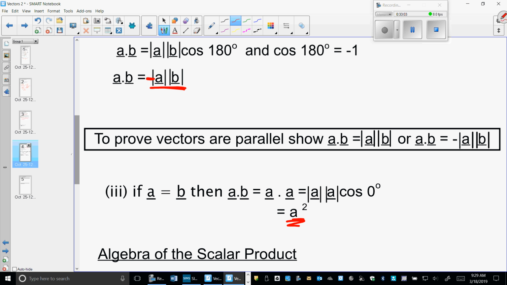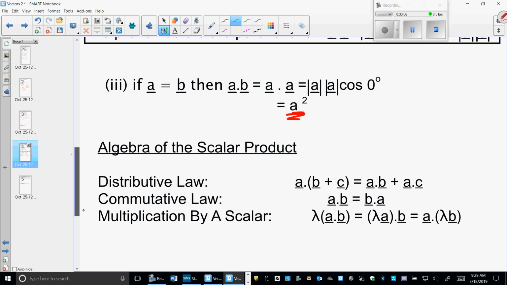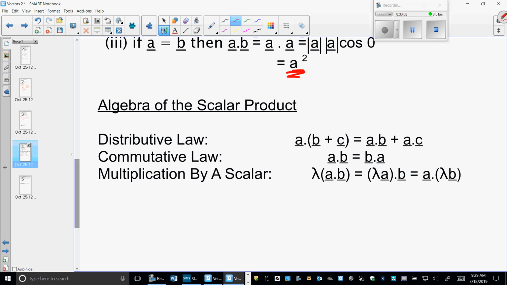These are less common. This talks about if you've got two vectors adding together and you're trying to dot product them, you can dot product these two and then plus the dot product of these two. This is showing you that it doesn't matter which order you multiply them in.